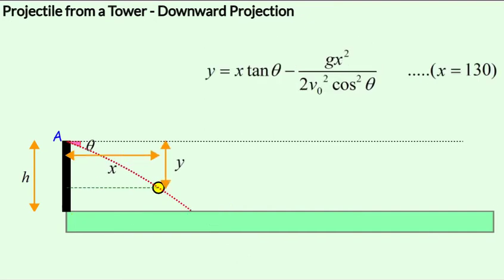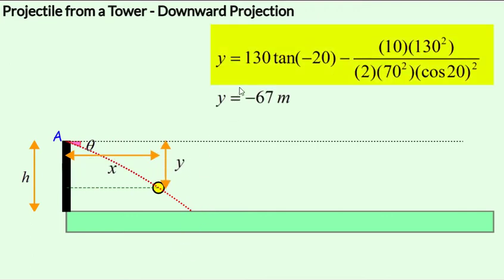Now we will compute the y displacement when the projectile is 130 meters from the launch point. Here we use the trajectory equation, and it is valid even when the angles are negative. So let's make the substitutions.